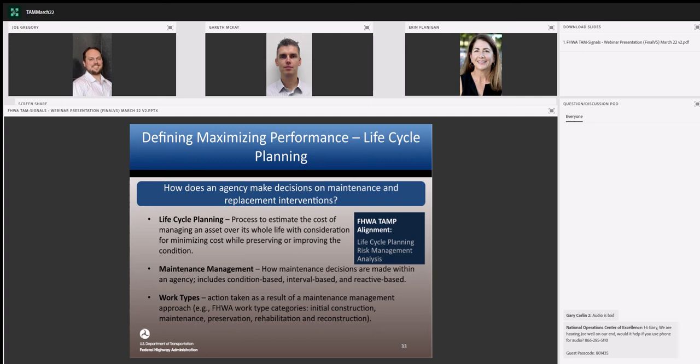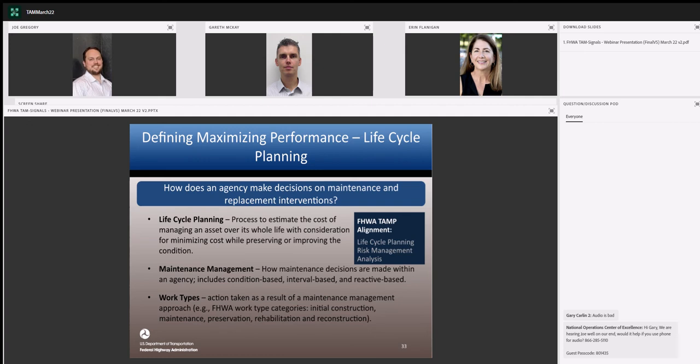So not collecting that condition information, but having a plan to do something on a regular interval basis. The third one there is being reactive and responsive. So when something goes wrong, understanding what that is, going in and making a repair, rehabilitation, or a fix at that time.